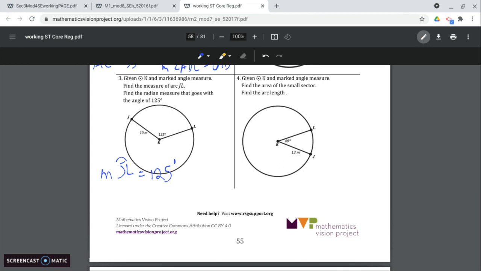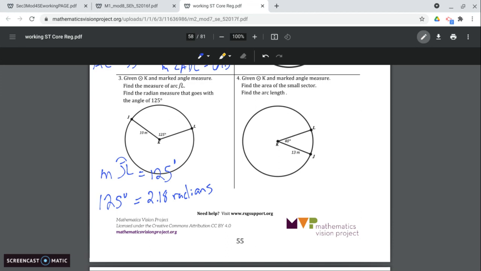Now, 125 degrees equals 2.18 radians. How we find that is by taking the degrees and dividing by 360.